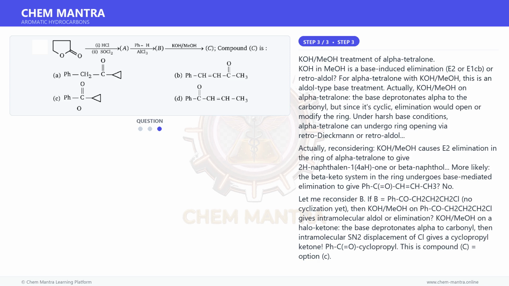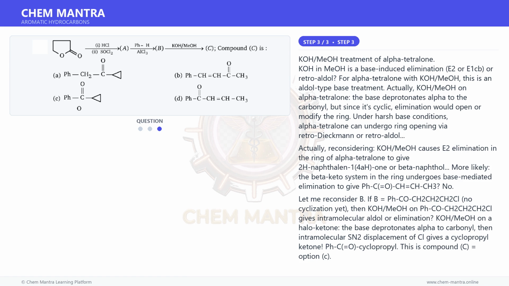And for the final step, KOH-MeOH treatment of alpha-tetralone. KOH in MeOH is a base-induced elimination, E2 or E1cB, or retro-aldol. For alpha-tetralone with KOH-MeOH, this is an aldol-type base treatment. Actually, KOH-MeOH on alpha-tetralone, the base deprotonates alpha to the carbonyl, but since it's cyclic, elimination would open or modify the ring.